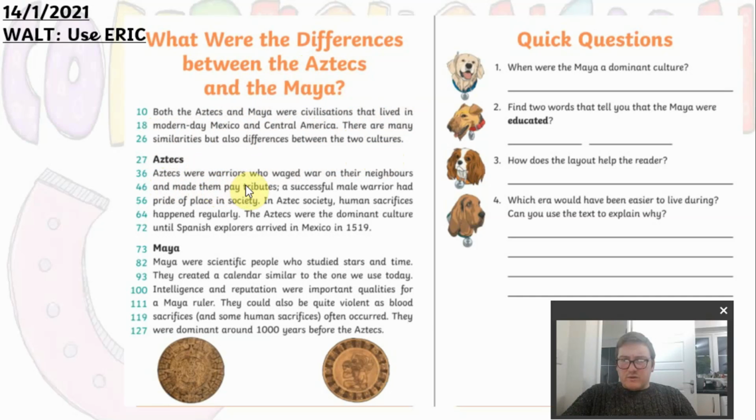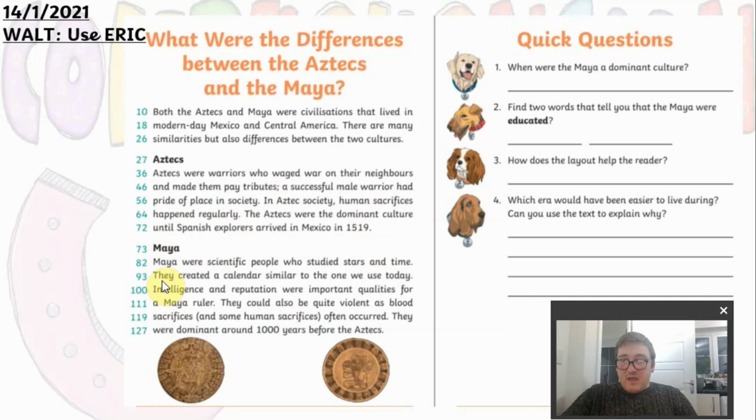Aztecs were the warriors who waged war on their neighbors and made them pay tributes. A successful male warrior had pride of place in society. In Aztec society, human sacrifices happened regularly. The Aztecs were the dominant culture until the Spanish explorers arrived in Mexico in 1519.